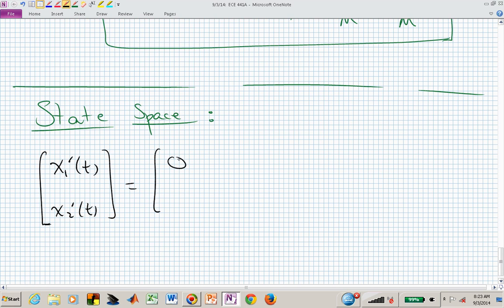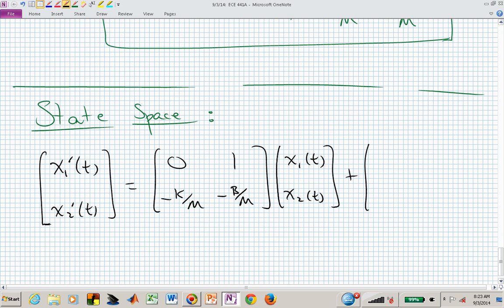That's now 0, 1, minus k over m, minus b over m, times x1 of t, x2 of t, plus 0, gamma over m, times u of t. This 2 by 2 matrix was our system matrix A. This 2 by 1 column was our input matrix B.